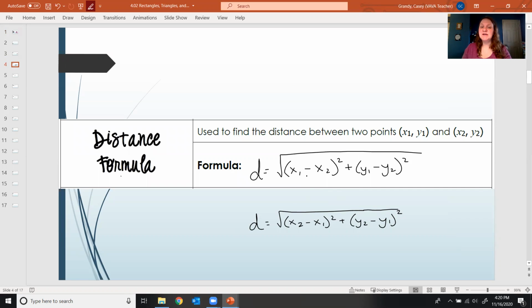It doesn't matter as long as you stay in the right order. So I have x1 minus x2, y1 minus y2. If I flip-flopped it, then I got x2 minus x1, y2 minus y1. They're both the same. It doesn't matter. They work exactly the same way. You need to know the distance formula though. So pick one that you like, and that's the one that you're going to need to memorize to use. It's not on a formula sheet anywhere.